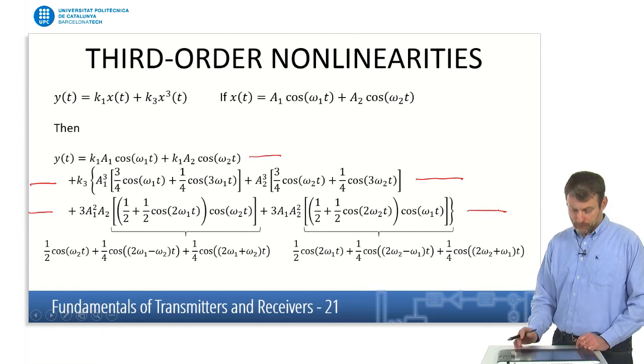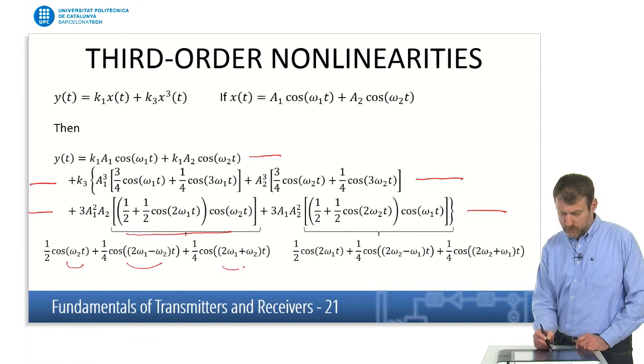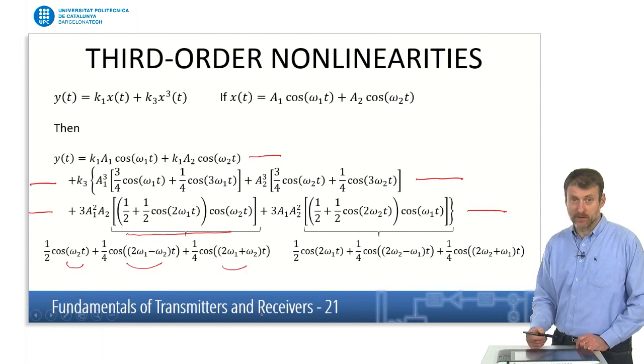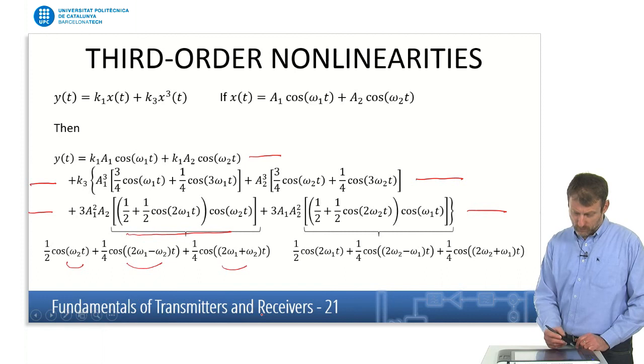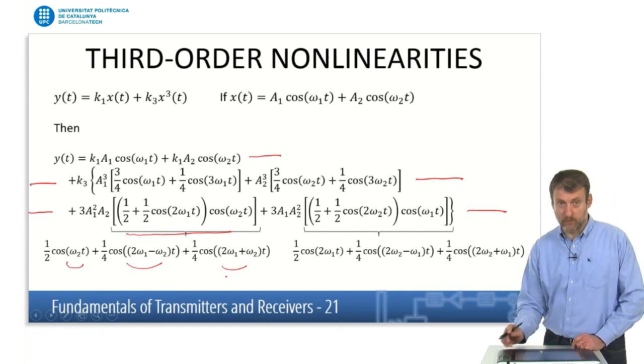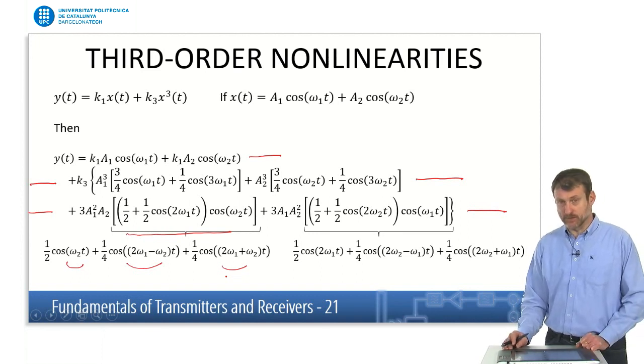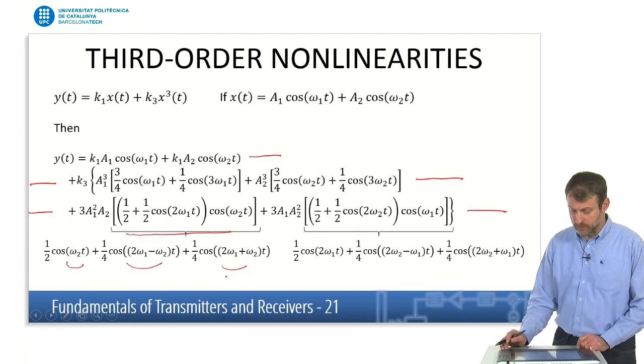Also, for this particular case, I've developed these terms here, in which we have several frequency terms, depending on omega 2, 2 omega 2 minus omega 1, and 2 omega 2 plus omega 1. So try this on your own and try to develop this equation on your own. It's simple if you use the equations from the previous slide.